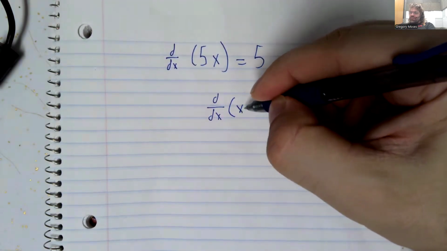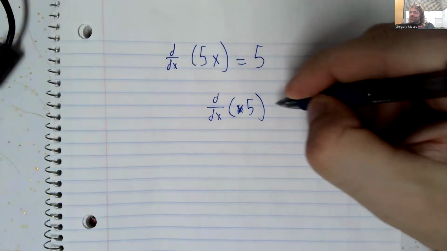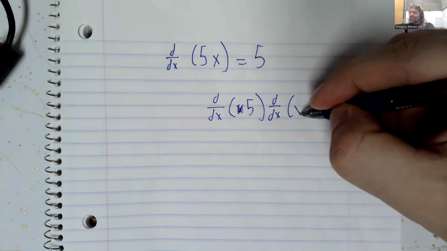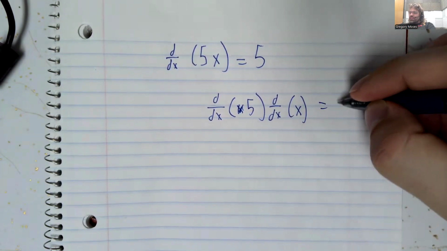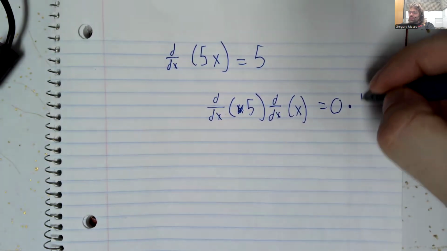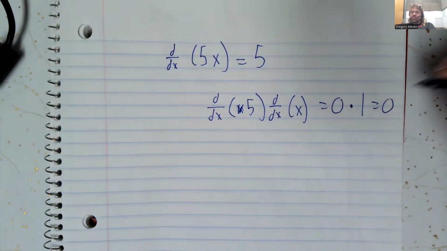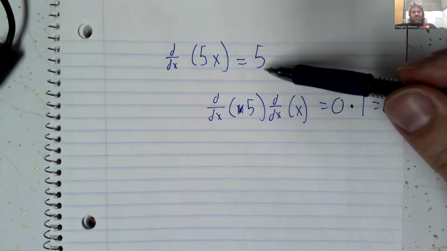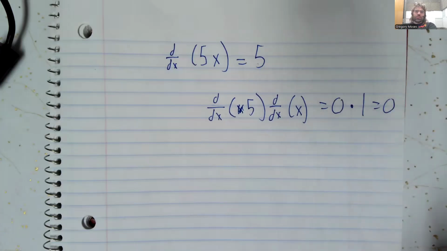But the derivative of 5 times the derivative of x is 0 times 1, which is 0. So obviously this is not equal to this.